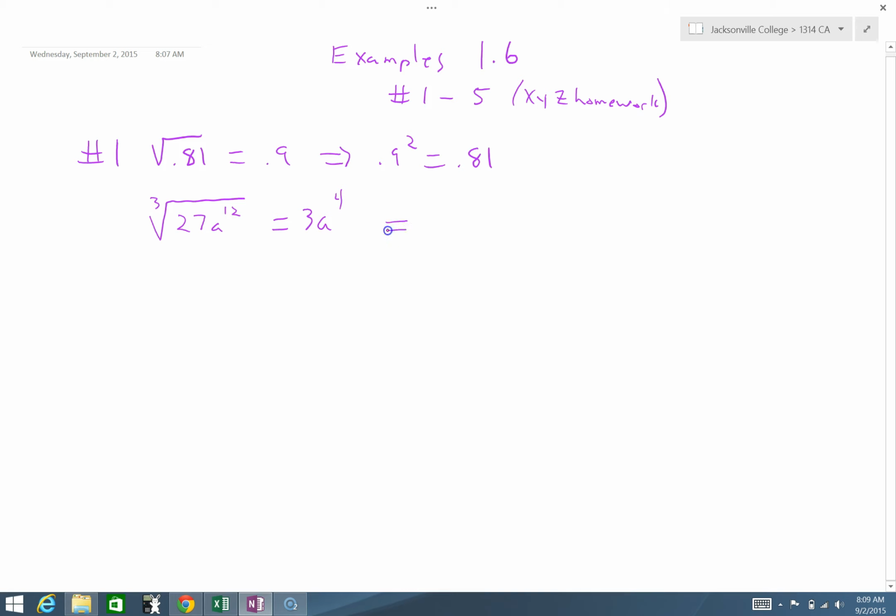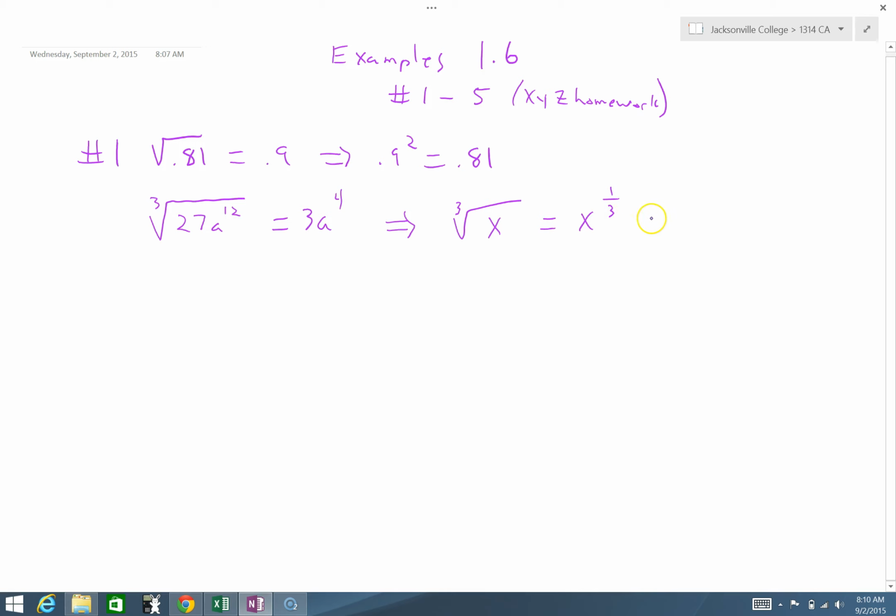Because when we say the cube root of some value x, we can also write that as this term to the 1 over this power. To say the cube root of x is the same as saying x to the 1/3.